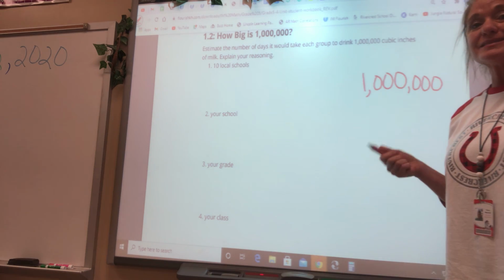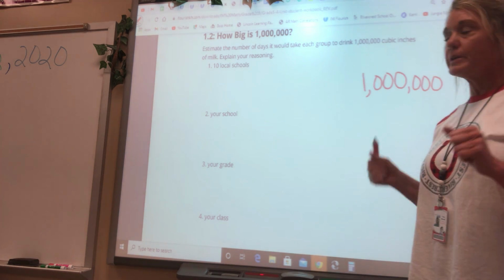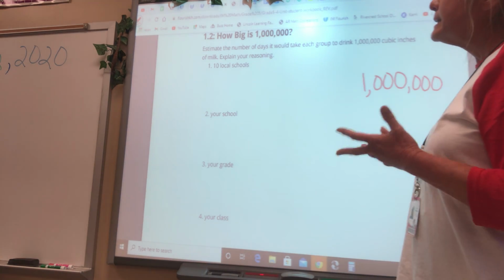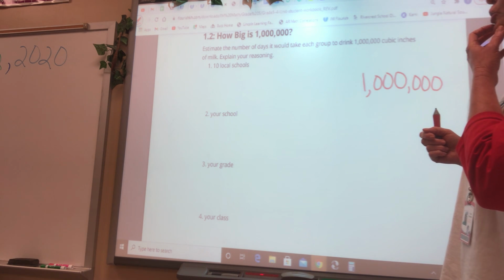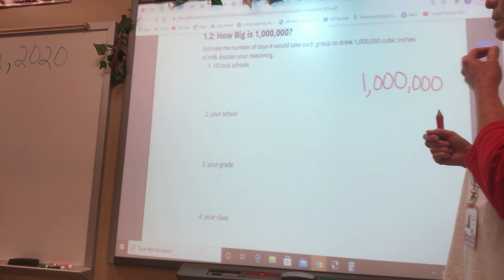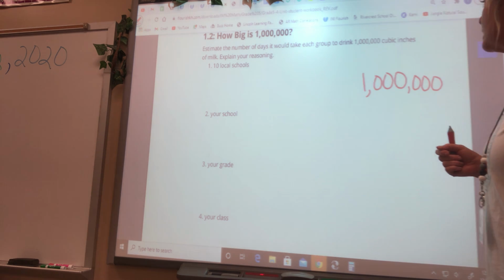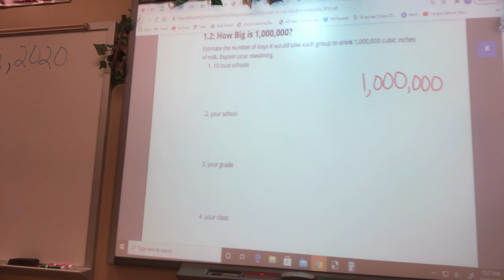now it changes our estimate just a little bit in the textbook. It tells us that each school could drink approximately, let me see, I think it told us 100,000. Yes, okay.